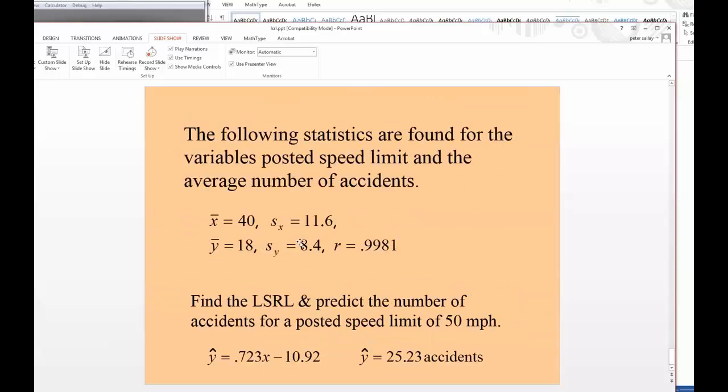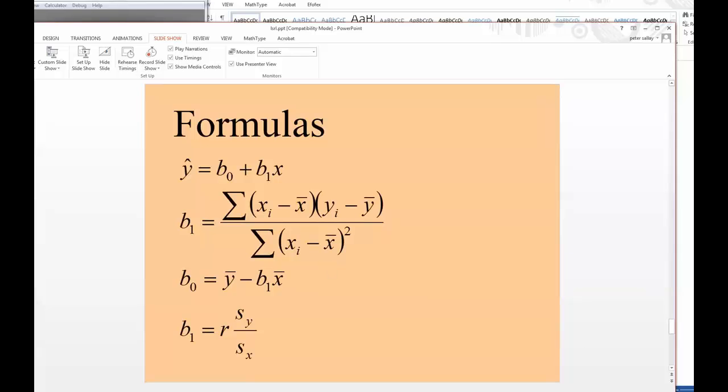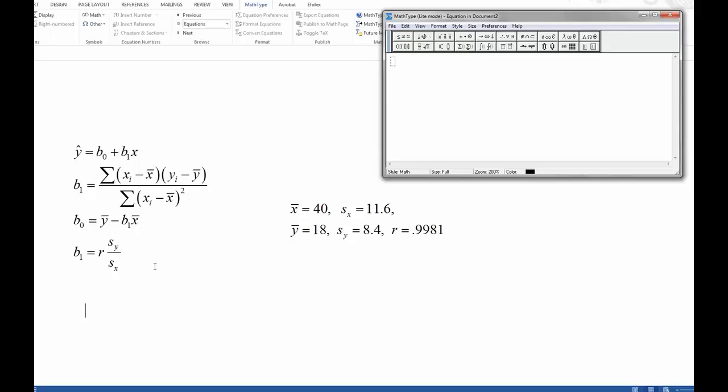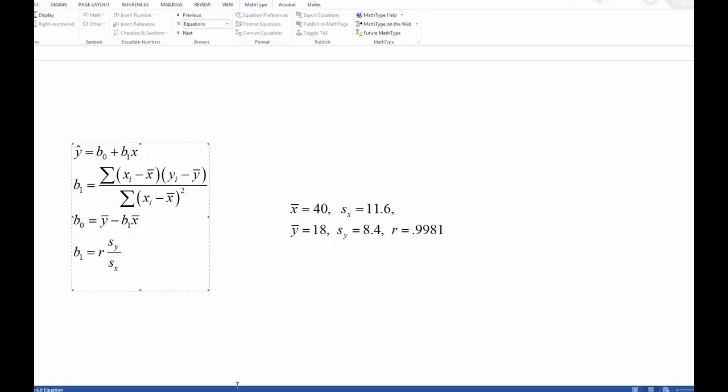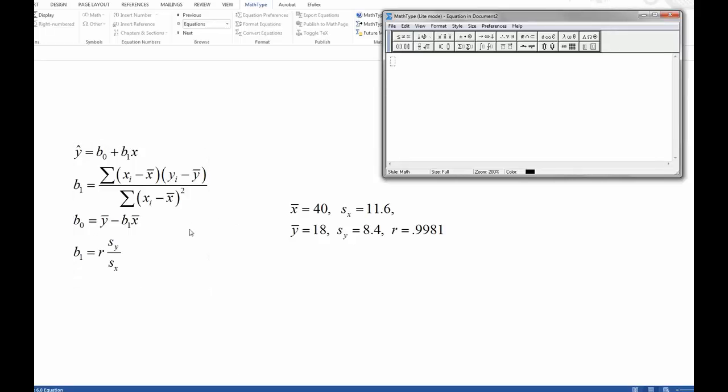So let me get some space to work on here. Bear with me. Okay, so here are our formulas, and here's the data that we're manipulating. My goal is to get this regression equation. For B naught, I need the y bar, which I have.